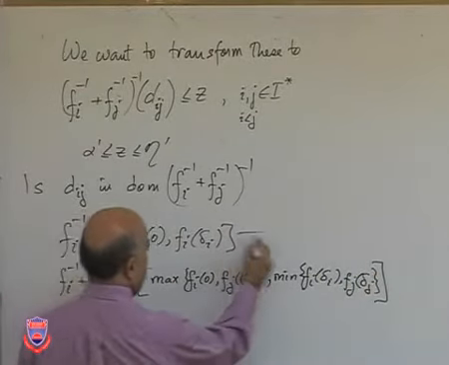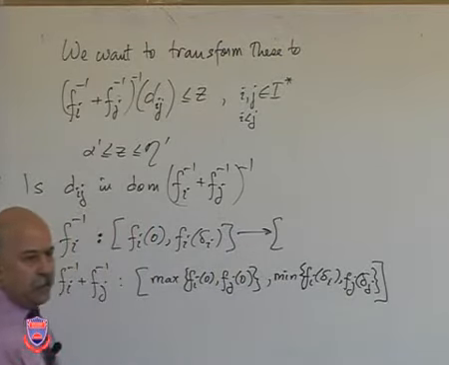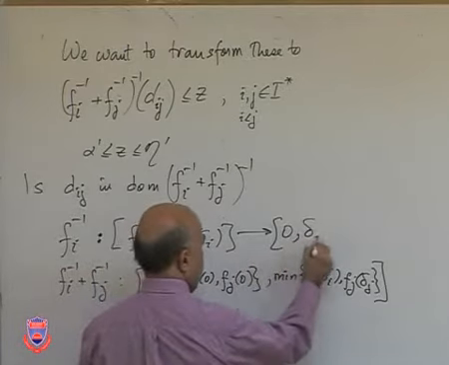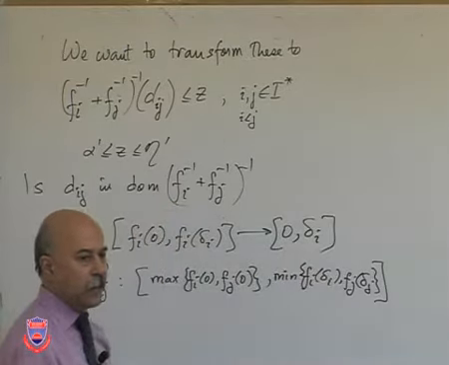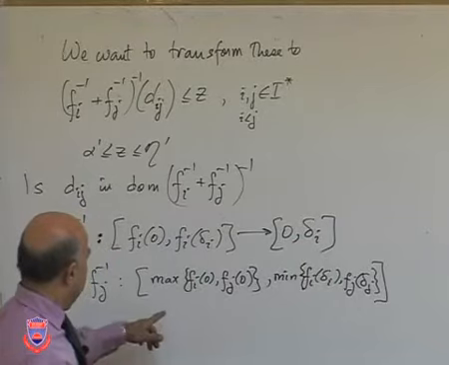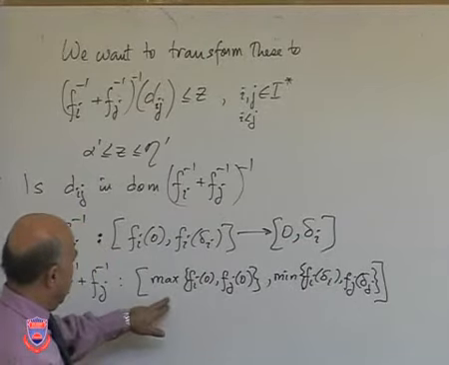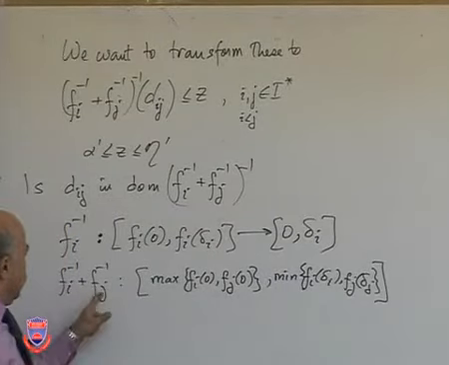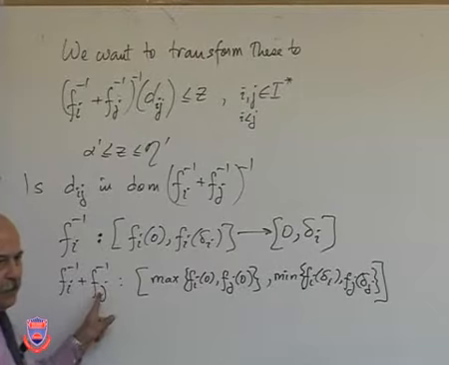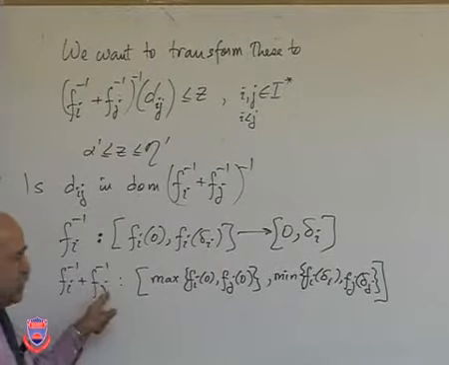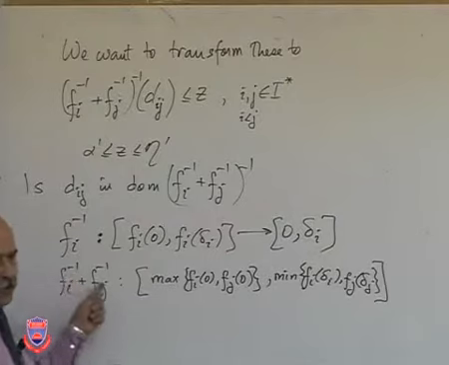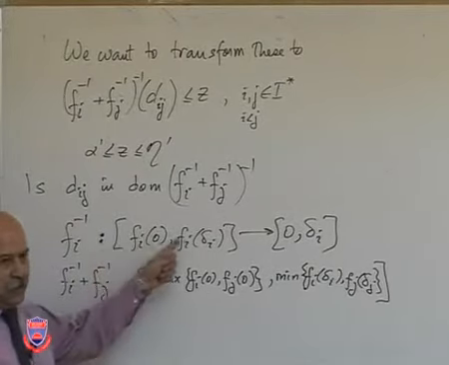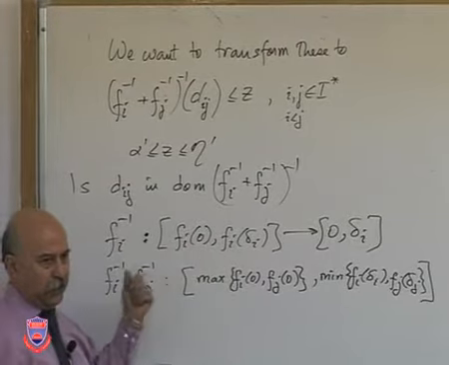By the way, what's the range here? 0 to delta i. Question? Are the maximum and minimum the current range? Well, the sum of these two functions will be defined if the argument is in the domain of definition of each function, which means that you're looking at the intersection of the domain of Fi inverse and Fj inverse.